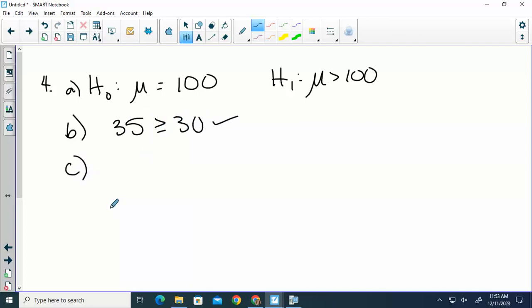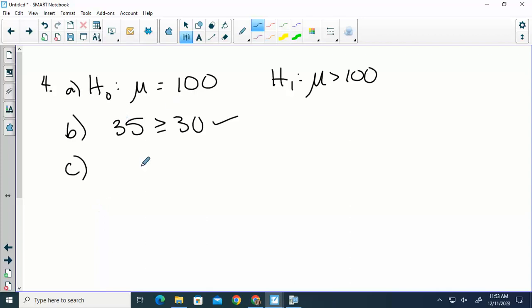Part C, test it by hand. So we've already done one involving a z. Now, if we're talking about the mean, we have to find our t value, right? If you forget, you just go to your chapter 10, look at your formula. If we're talking about mean, the formula that involves it is t.